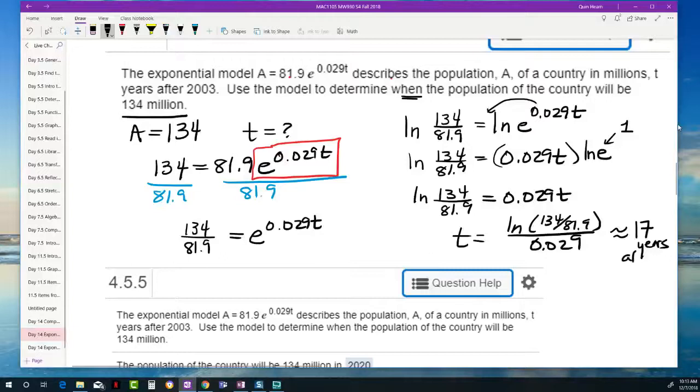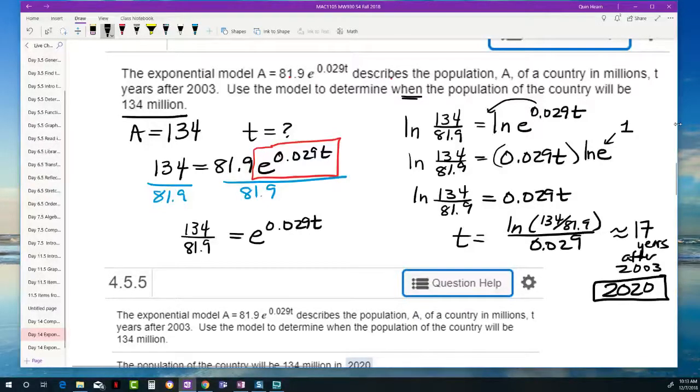years after 2003. So that would mean that the answer is 2020, based on the information given in the problem.